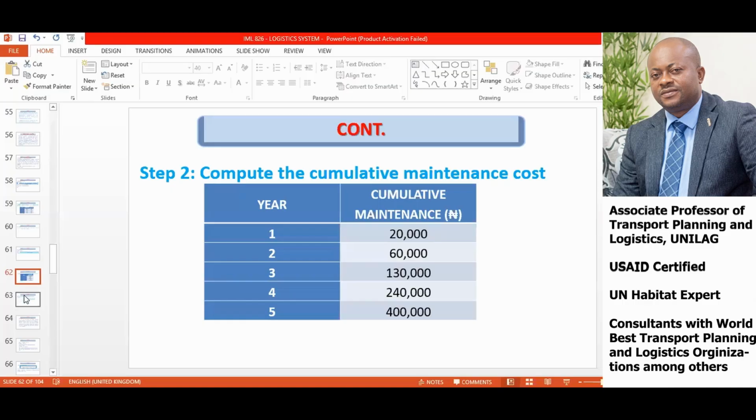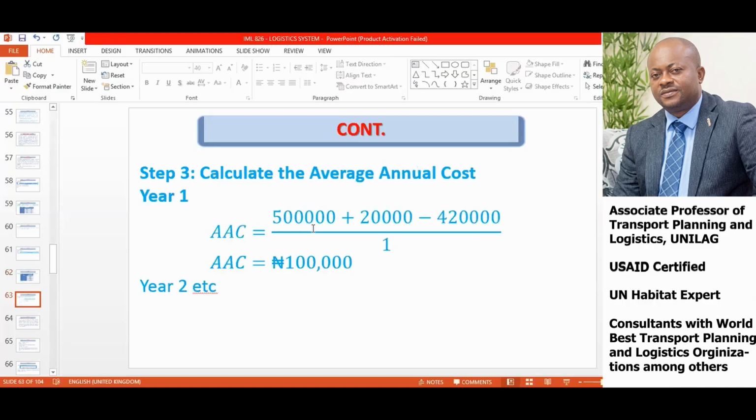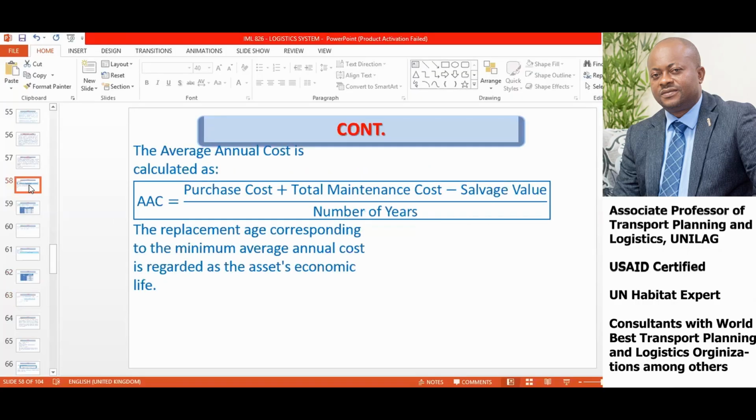Okay. So do the first calculation. Do you know how we got 500,000 here? Yes, that's the purchase cost, from the question. Do you know how we got this one? That's 20,000, the first year's total maintenance cost.